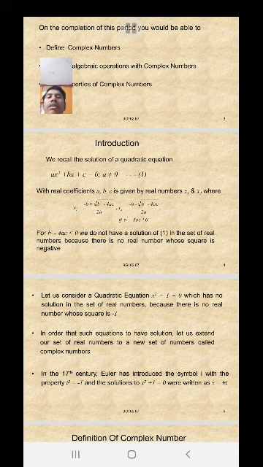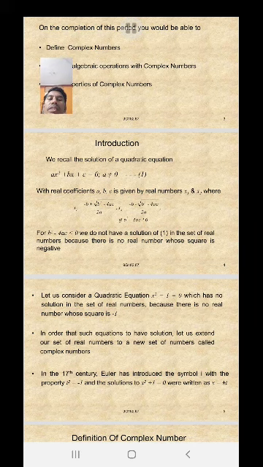We recall the solution of the quadratic equation ax square plus bx plus c equals 0, where a is not equal to 0. Consider it as equation 1.